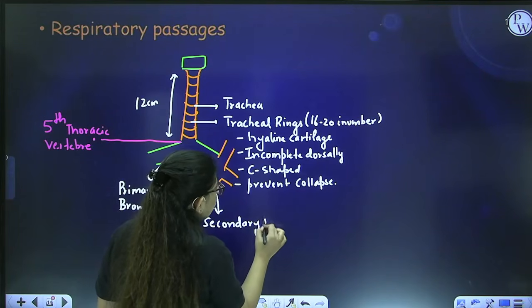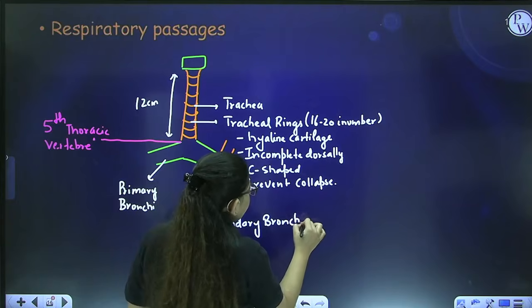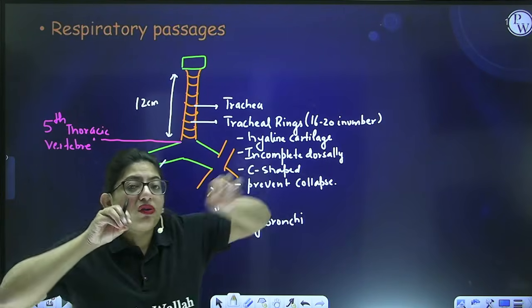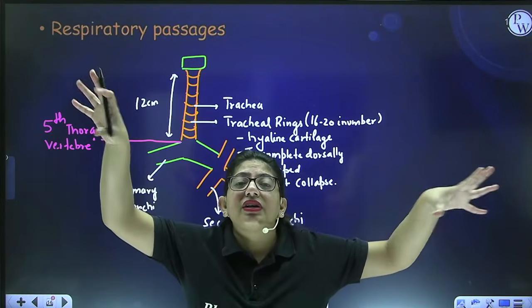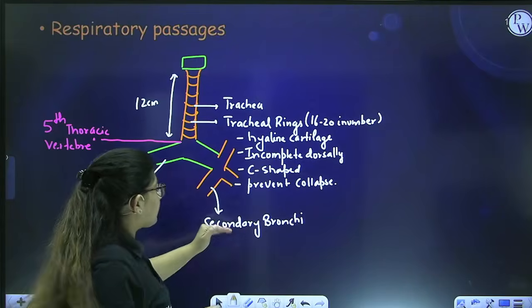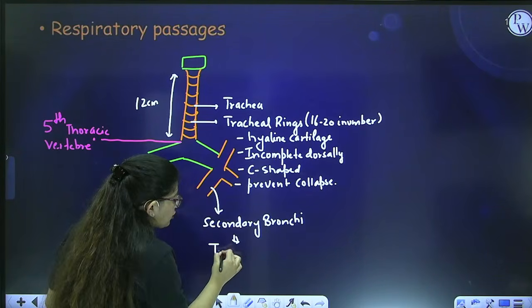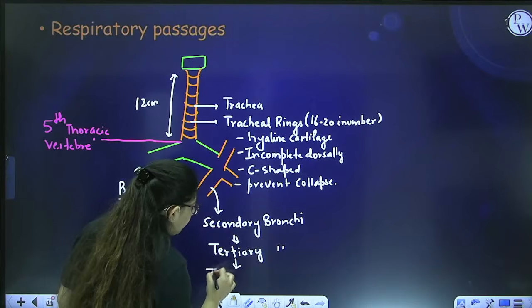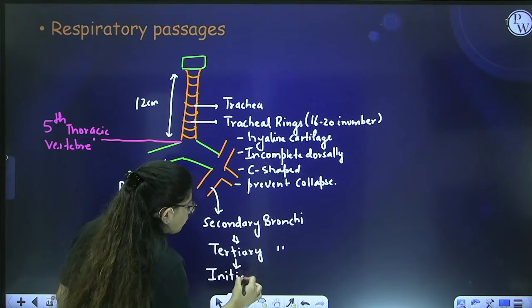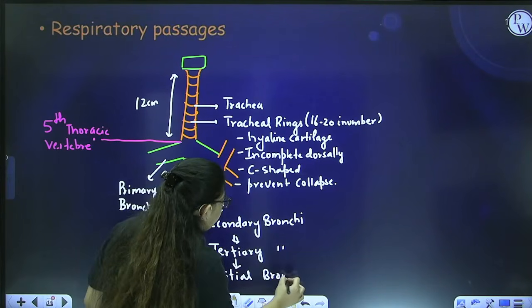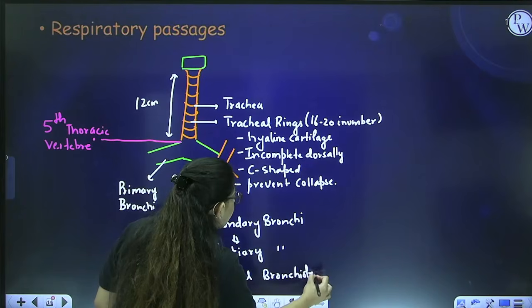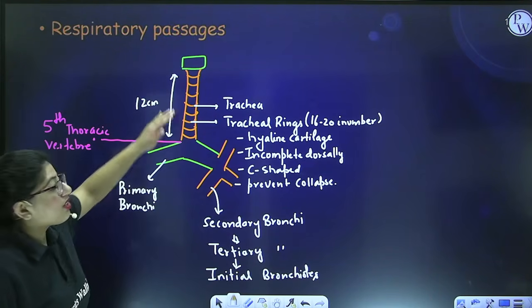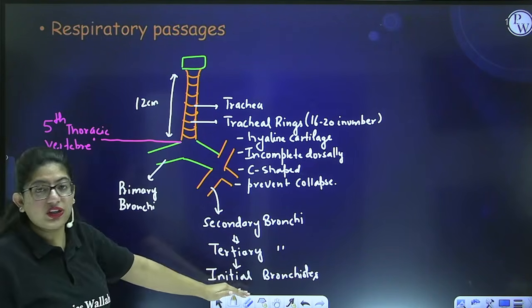Just like that, it will form a respiratory tree, a tree with a lot of branches. They will keep on branching. Secondary bronchi will open into tertiary bronchi, and tertiary bronchi will open into initial bronchioles. Right? So we say that tracheal rings are present right from trachea up to initial bronchiole.